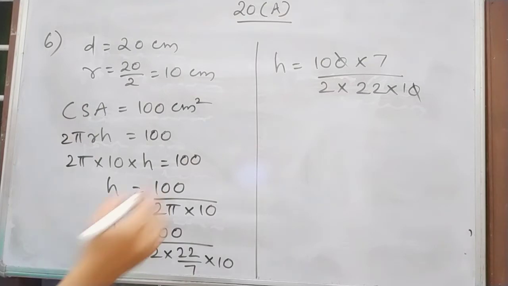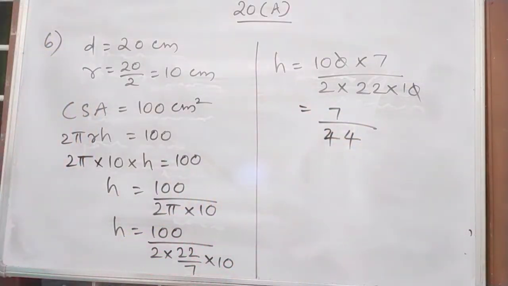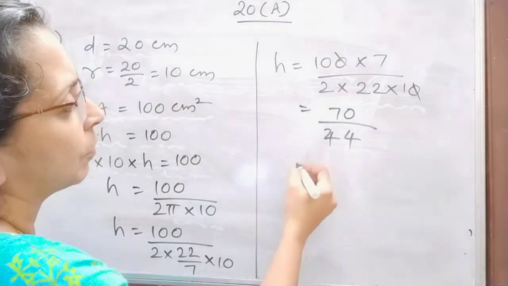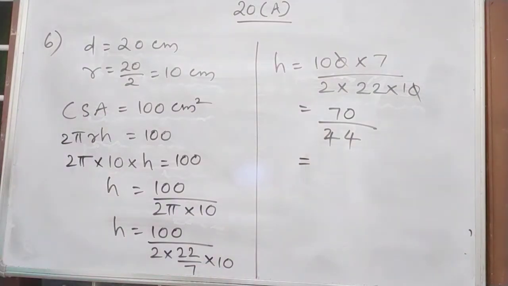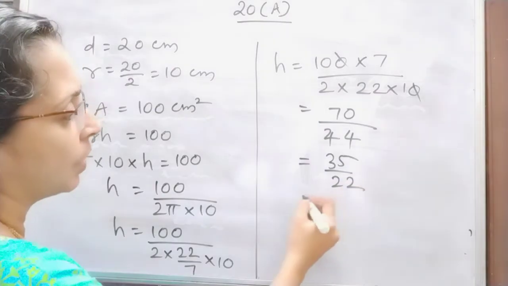So the balance we will get as what? 7 divided by 44. 7 divided by 44, which is equal to what? Sorry, it is 70 divided by 44. So on cancellation you will get 35 by 22.